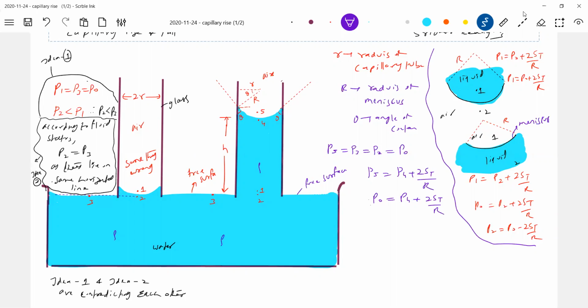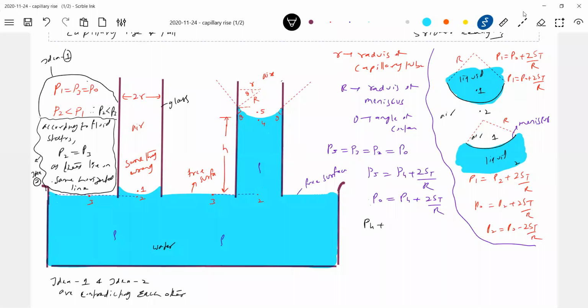Now let's write the manometric equation from 4 to 2. They lie on the same horizontal line, no? That's why the pressure at this one is the same.